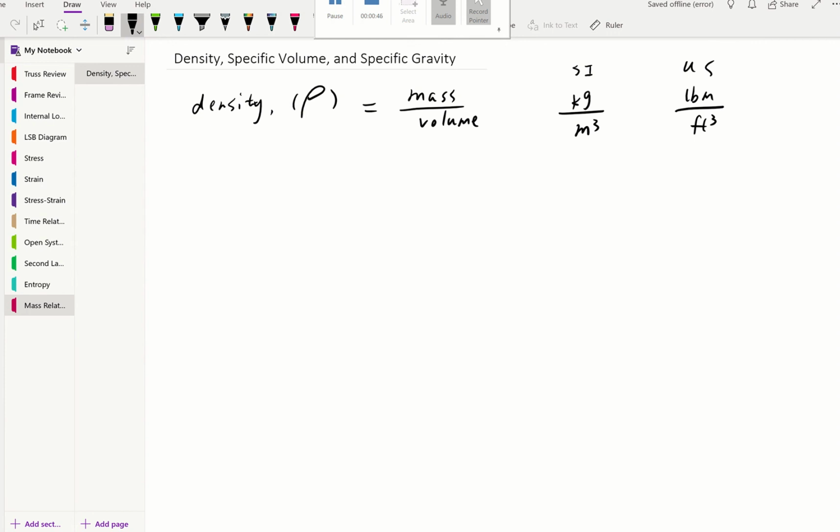Okay. Now the next concept will be specific volume. Specific volume is often used in thermodynamics. It has the symbol small v, and the definition is volume over mass.